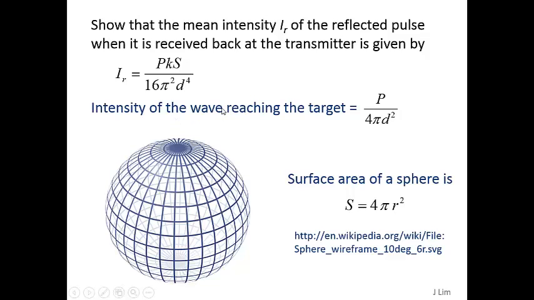Now the intensity of the wave reaching the target is given by power divided by area, so that is the intensity, power per unit area. Now the surface area is given by the surface area of the sphere, because the wave is emitted in all directions.